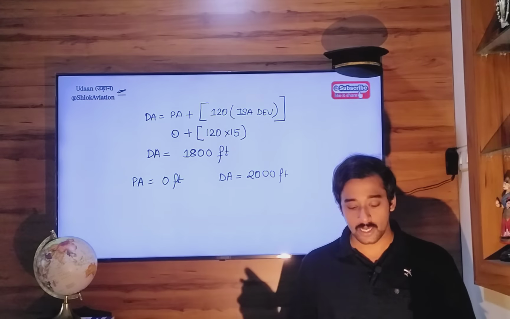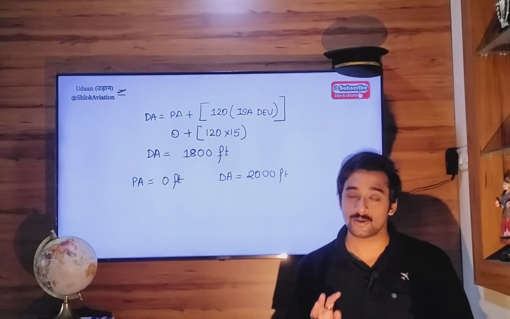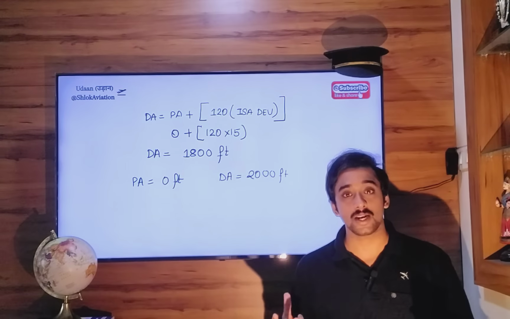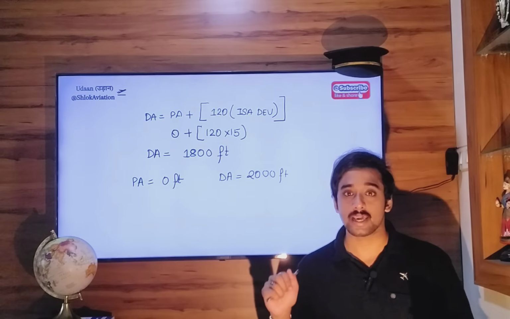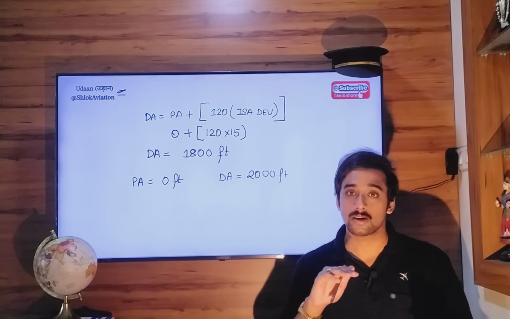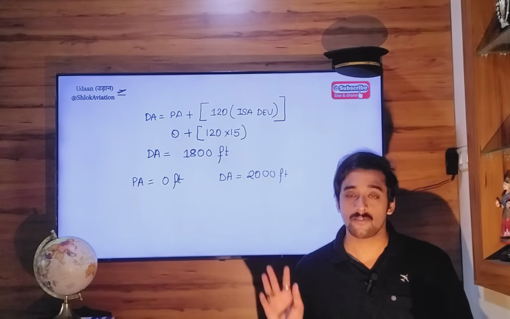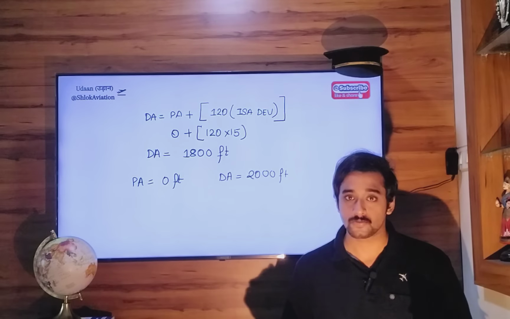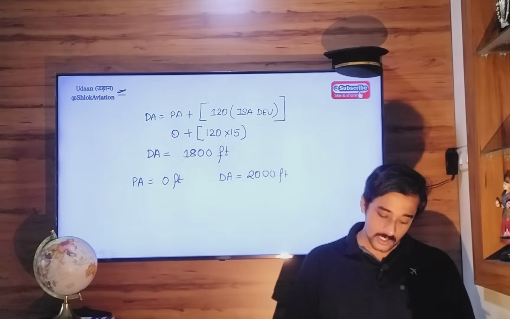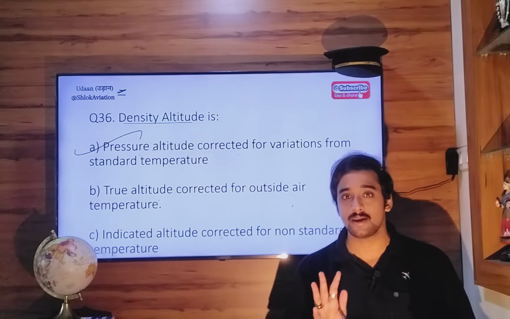So density altitude is calculated at the time of takeoff to ensure that you have favorable conditions for takeoff run, for climb, and also for landing, so that you may have adequate landing distance available and favorable conditions for missed approach or climb after missed approach or go around. So density altitude is very important and it is pressure altitude corrected for variations from non-standard temperature.